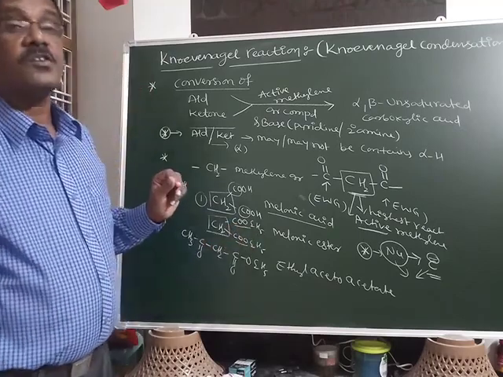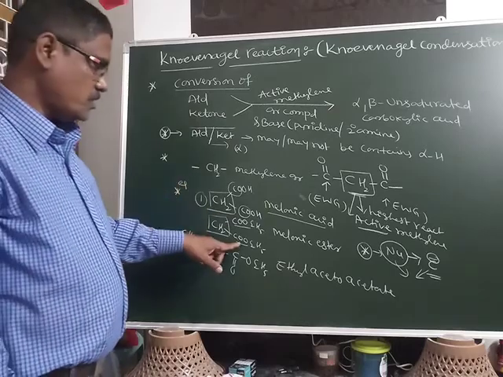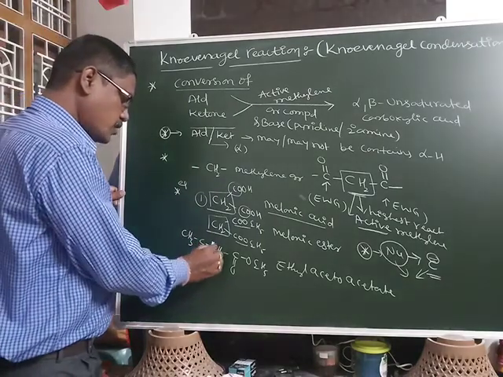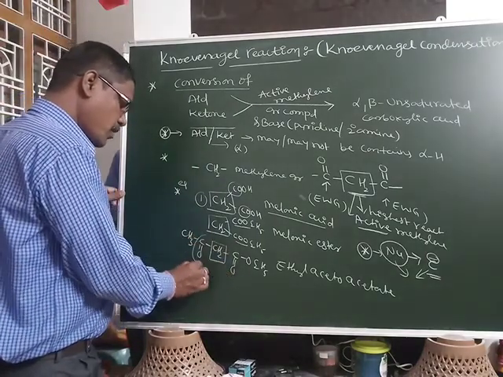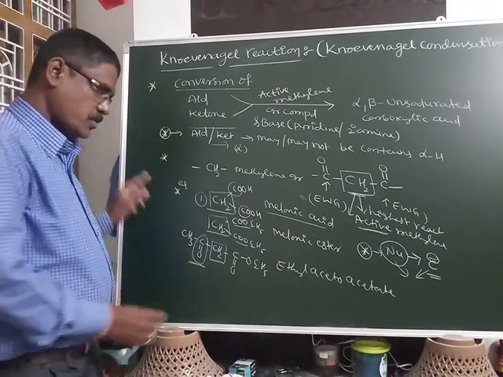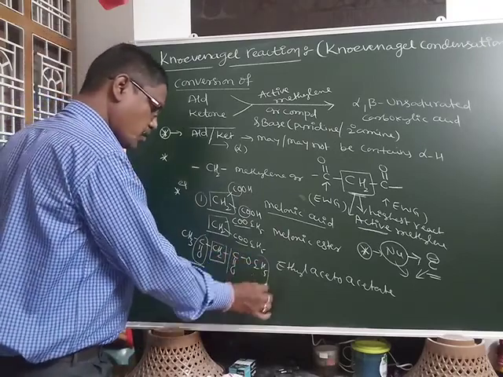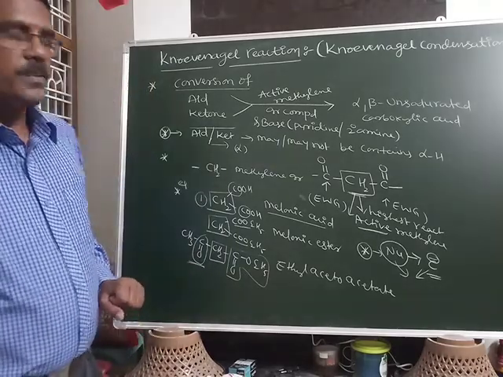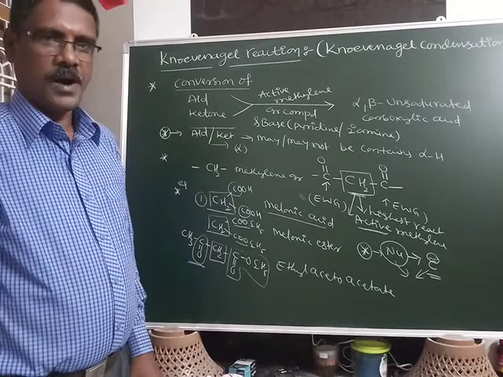It is also an electron withdrawing group. This is the ester, this is the carboxylic acid. One more, this is also active methylene group because it is bonded in between the carbonyl groups, which are electron withdrawing groups. This is the ester group. That's why these three are the examples for the active methylene group compounds.